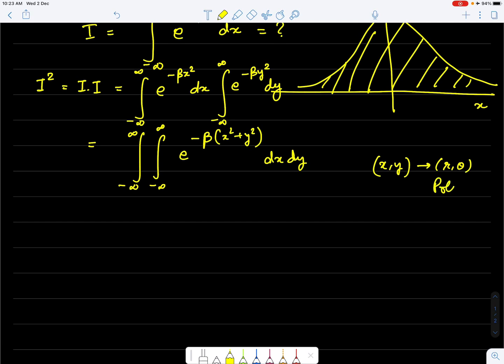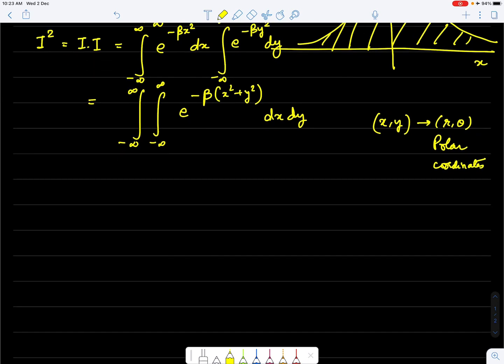So the integral I square would become: r goes from 0 to infinity and theta goes from 0 to 2 pi, where x is r cosine theta and y is r sine theta. We'll have e to the power minus beta r square, and dx dy, which is an area element, will change to r d theta dr. That becomes the area element.